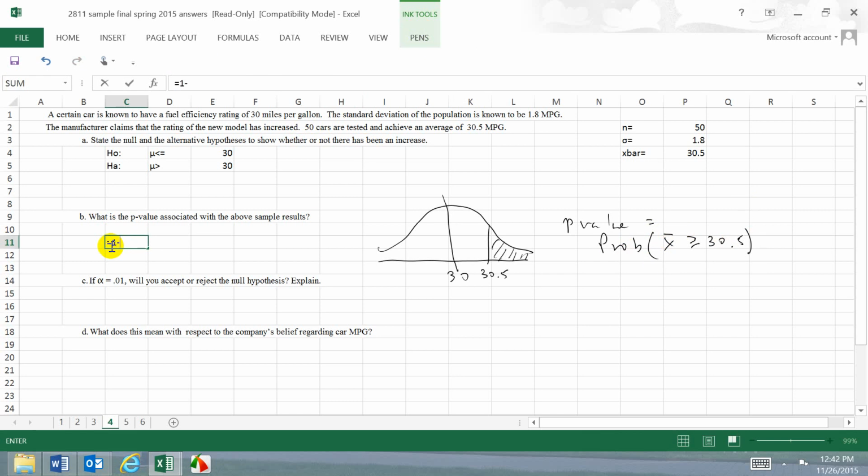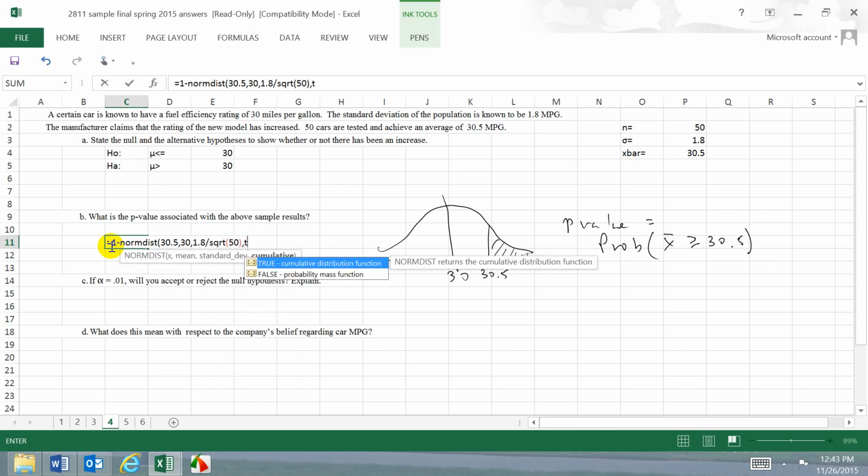Remember, always when you're looking at the normal distribution for greater than, you're taking 1 minus. So it's 1 minus norm dist. The mean under the null hypothesis was 30. We got an X bar of 30.5, so this is 30.5, 30. Standard deviation is 1.8, but of course since we're talking about X bar, it's 1.8 over the square root of the sample size.